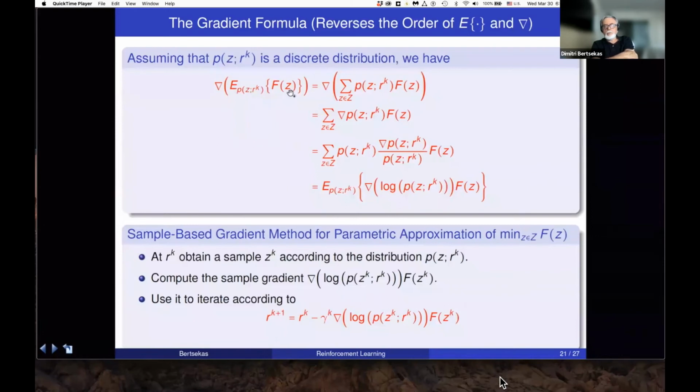So just to be on the safe side, I have assumed a discrete distribution, so that Z here is just a finite set, rather than an infinite set. For our practical purposes, this is not really something to be concerned with.